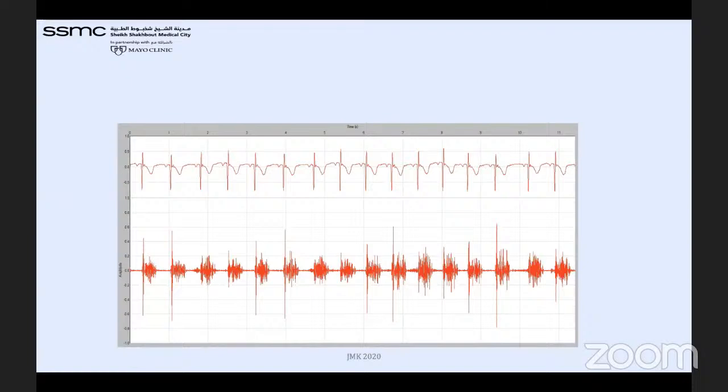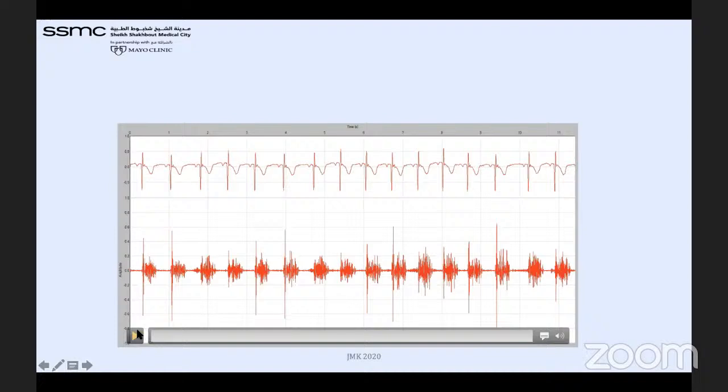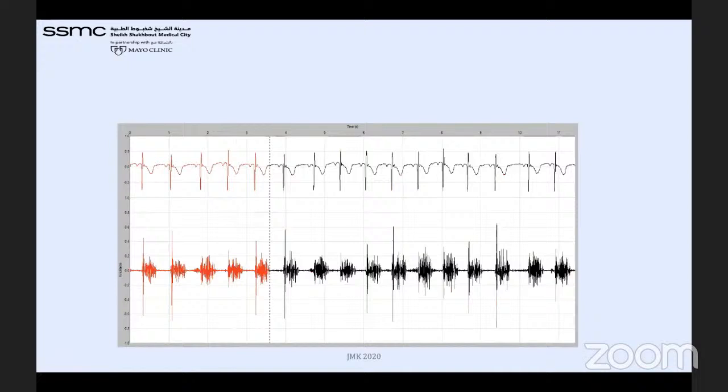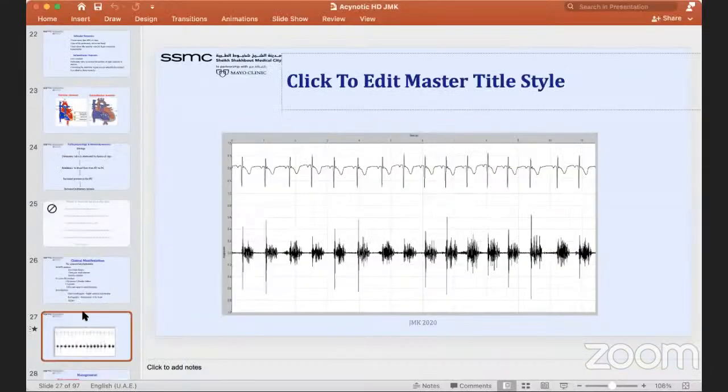Faraz? Yes, sir, I can appreciate the murmur. Okay, so look at this. It's like a drum beating sound. So this type of murmur, you have to take care of it.